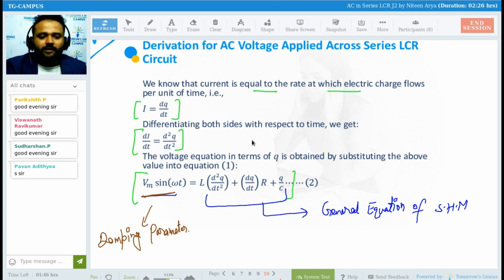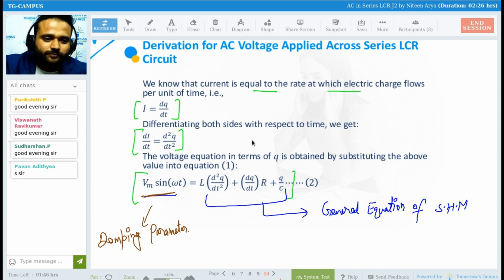Is this clear or not? d square x upon dt square plus dx by dt plus omega square x, that equation, do you remember it or not? First of all, tell me this. Or should I give you the SHM equation first? Tell me, everyone. What is SHM?